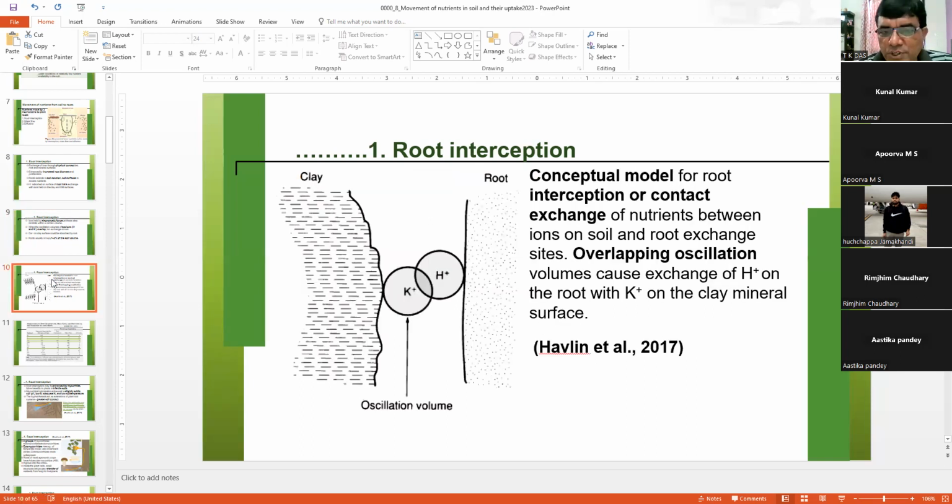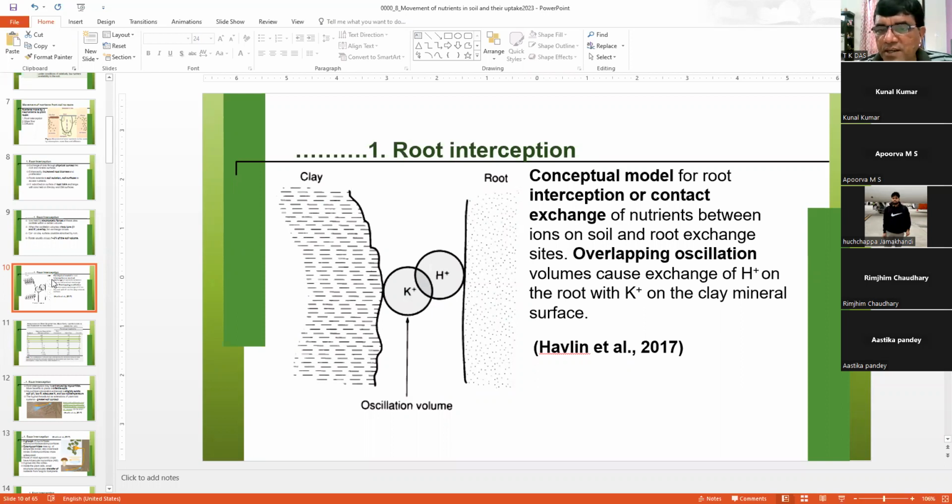Now see how this oscillation happens, how the exchange of potassium can happen with hydrogen. Hydrogen can be released or exuded by the roots, and potassium is present on the clay complex or in the soil solution.